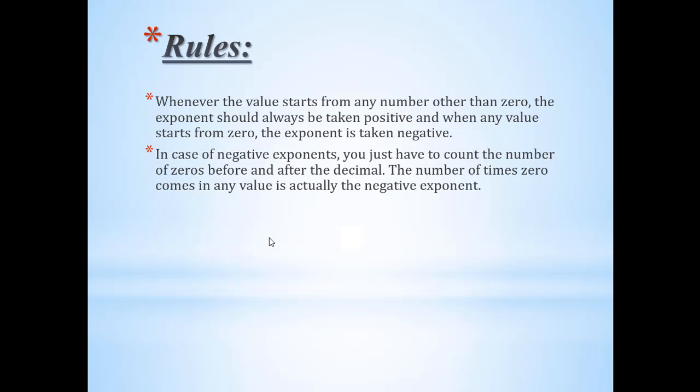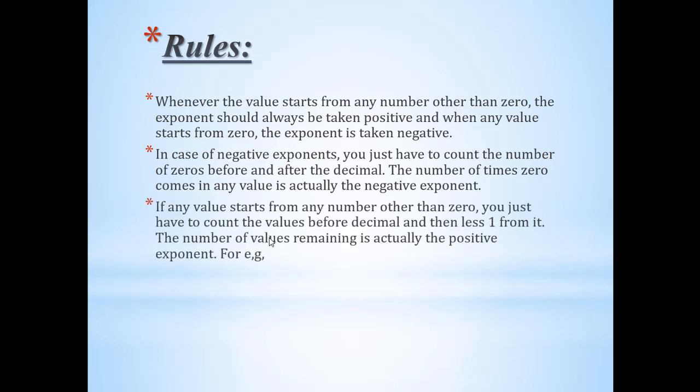The number of times 0 comes in a value is the negative exponent. Number 3: if a value starts from any number other than 0, you just have to count the digits before the decimal and subtract 1 from it. The number remaining is the positive exponent.